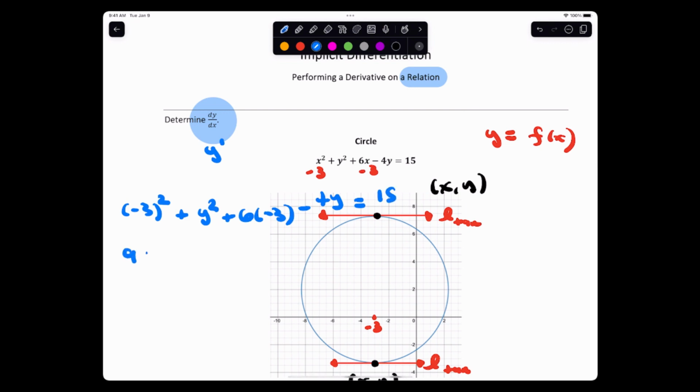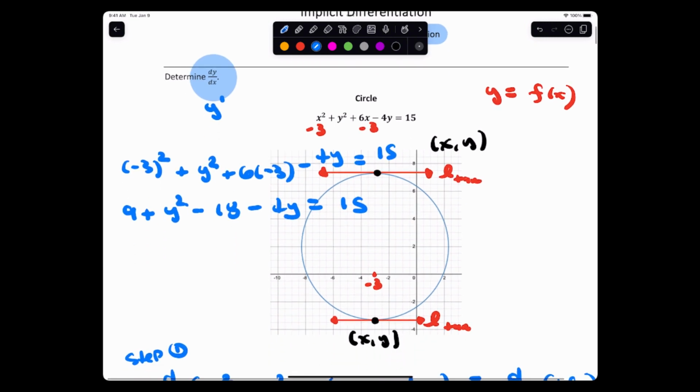So we get 9 plus y squared minus 18 minus 4y should be equal to 15. And it looks like that'll be y squared minus 4y minus 9 equals 15.